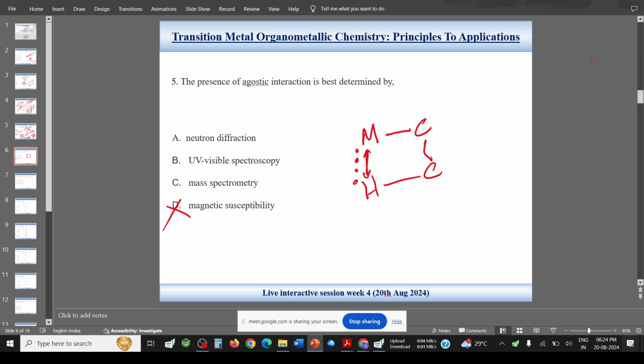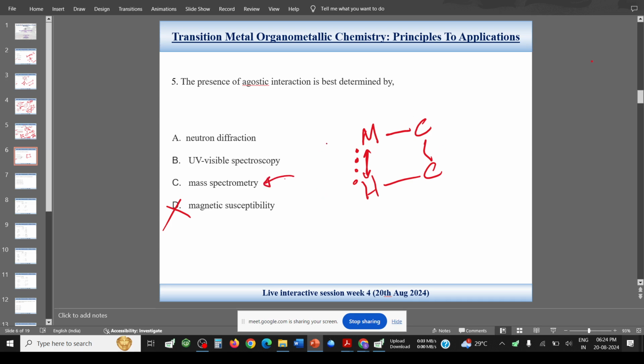So here we can directly cut magnetic susceptibility, because we don't know which metal, we don't know which ligand. So let's assume our rhodium, iridium complexes which give these types of agostic interaction are all diamagnetic in nature. Okay, another is mass spectroscopy.